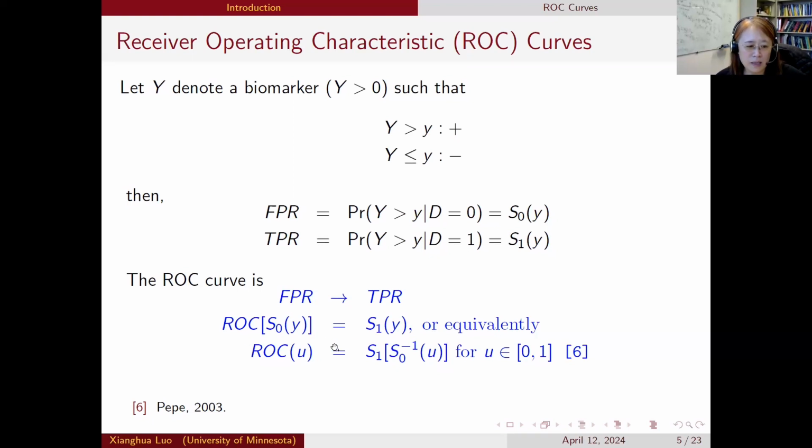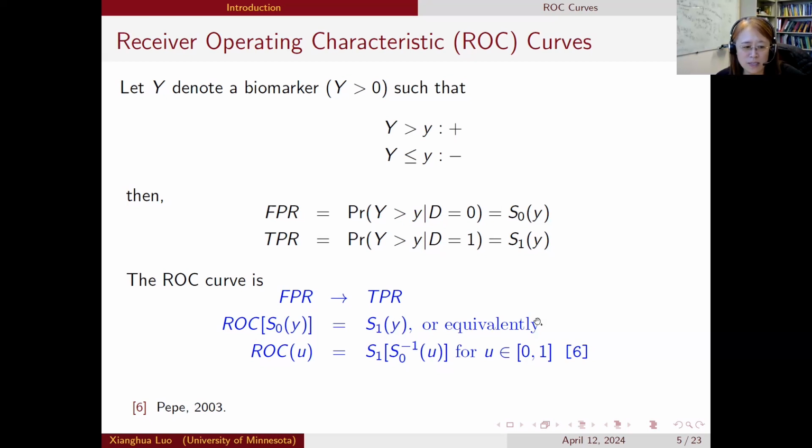Okay, more formally, you can express the left-hand side as the ROC is just a function of the non-disease group's survival function of the biomarker variable to the survival function for the disease group.